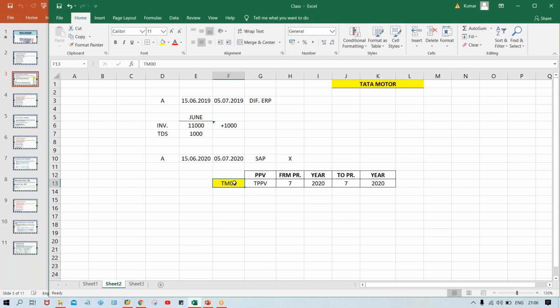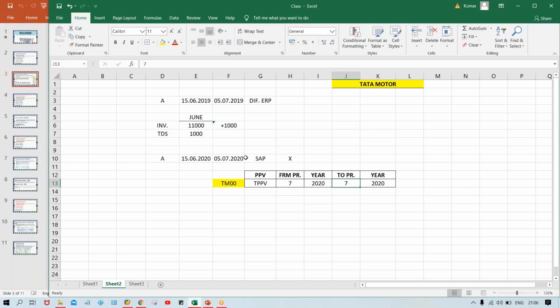So against your company code, the posting period variant assigned is TPPV. And against TPPV, which period is open? From period 7 to period 7, it means only one period is open, that is the 7th period, which means July.